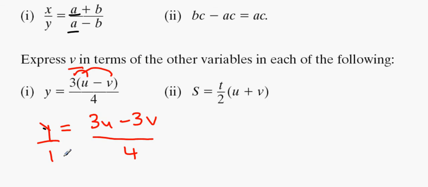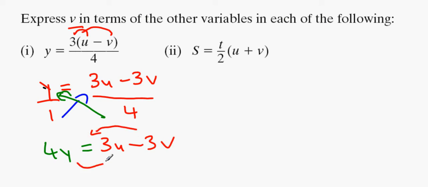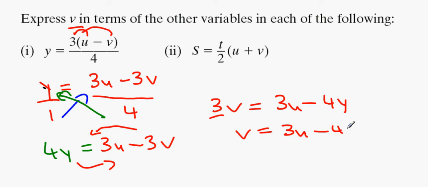So bring the 4 up beside the y, and we're going to end up with 4y equals 3u minus 3v. Now we can bring the 3v to the left and the 4y to the right, so we're going to end up with 3v equals 3u minus 4y. We want to get rid of this 3, so it goes into division mode over the other side, so 3u minus 4y divided by 3.